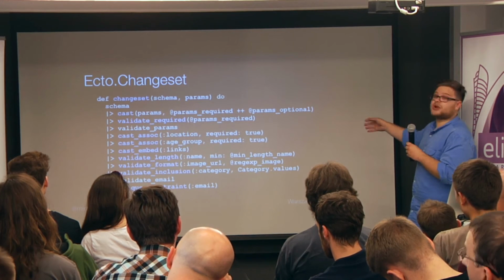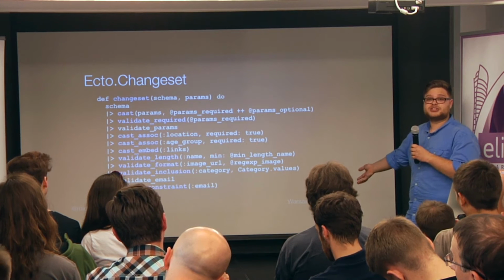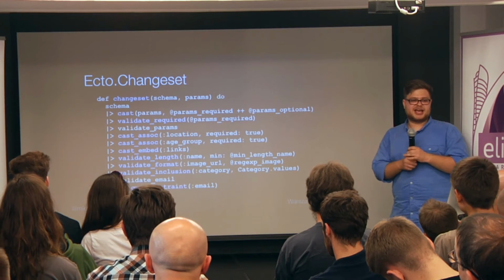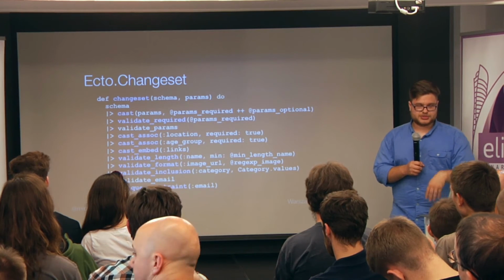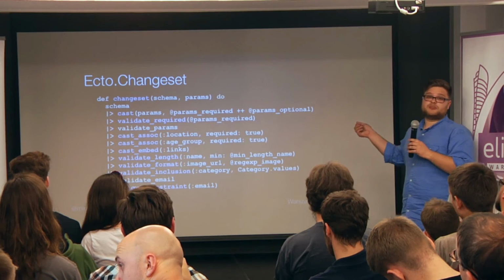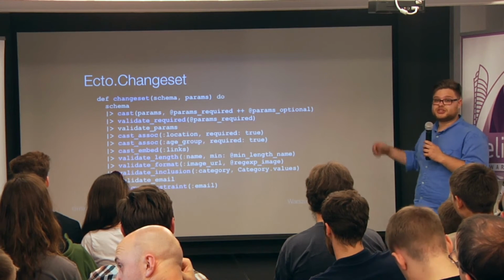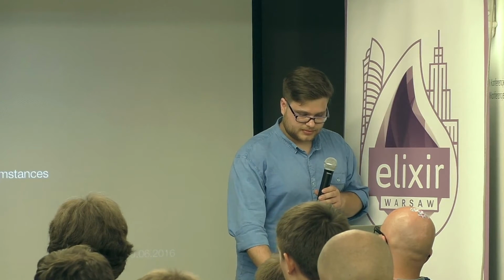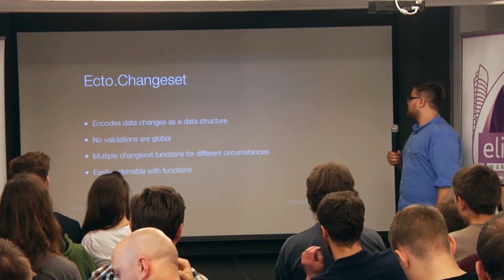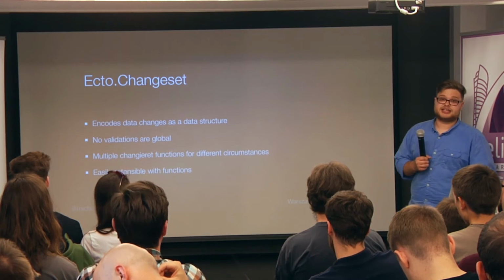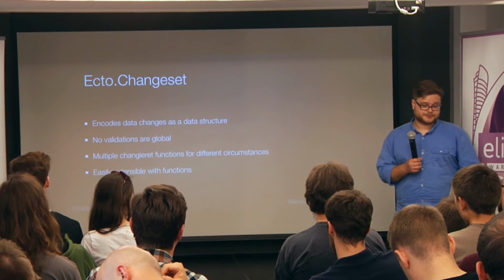And you can extract the common stuff to a function that you will call. So it's just functions, and it's very easy to compose, very easy to change, because you can pass another changeset into those functions as well. That's, as I said, multiple changeset functions for different circumstances, and it's easily extensible with just functions.